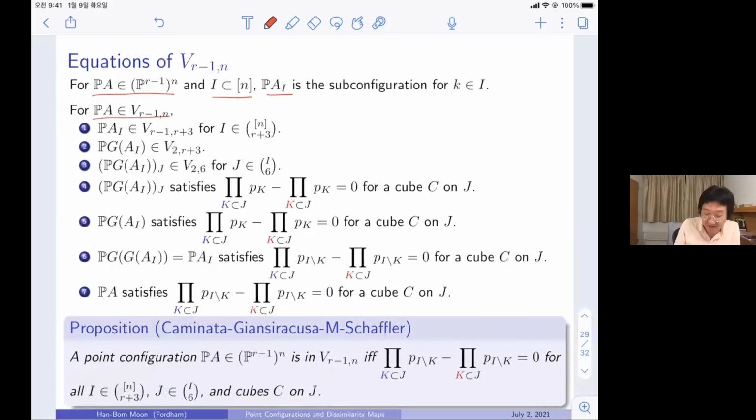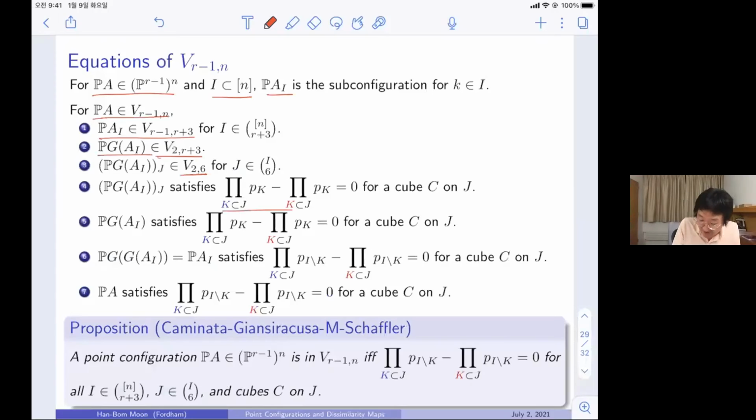Start from a point configuration lying on a rational normal curve. First of all, we forget several points. Then we apply the Gale transform, and we get a point configuration lying on a projective plane P2. We forget more points, and then we have a 6-point configuration lying on a rational normal curve.